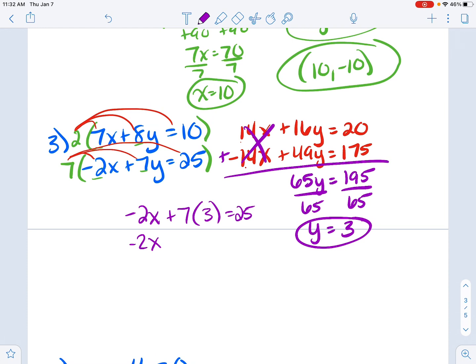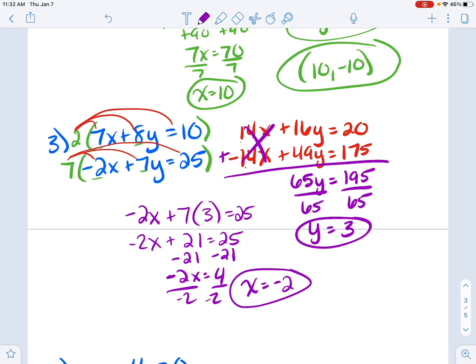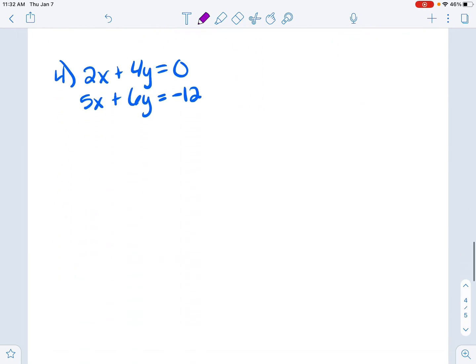Simplify it down. Negative 2x plus 21 equals 25. Subtract 21 from each side. We have negative 2x equals 4. Divide by negative 2, and x equals negative 2. And remember, our answer is written as an x, y point. Okay? All right, one more.